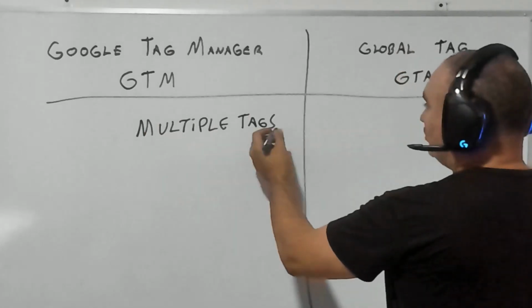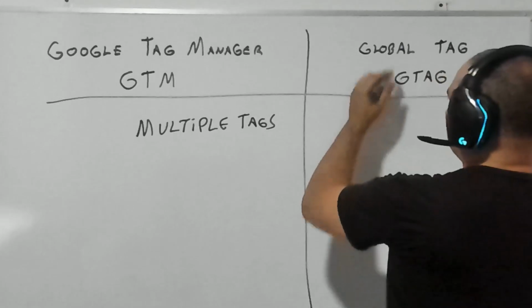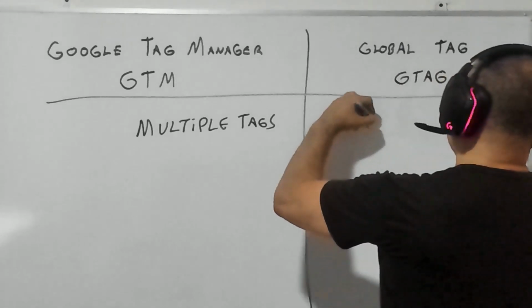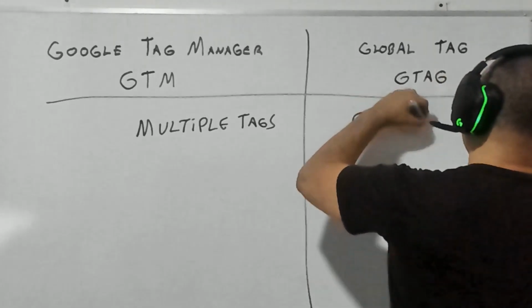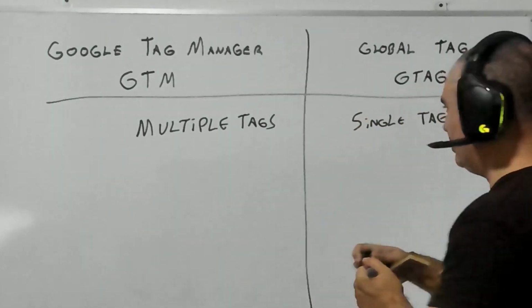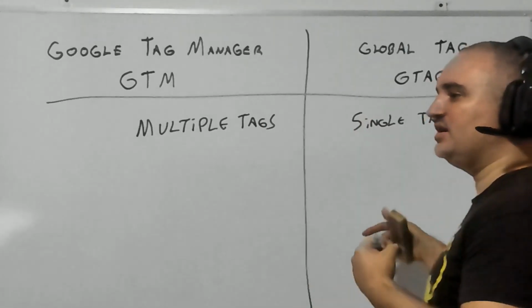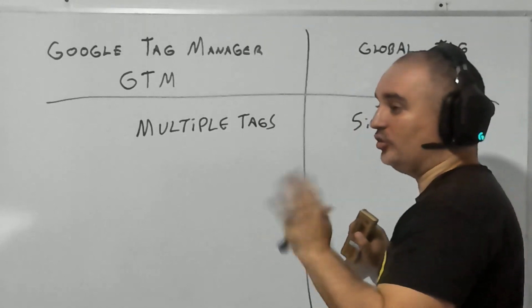And even multiple tags from the same platform. The global tag is a single tag. Although it's called global, with this single tag you're able to feed Google services, only Google services.